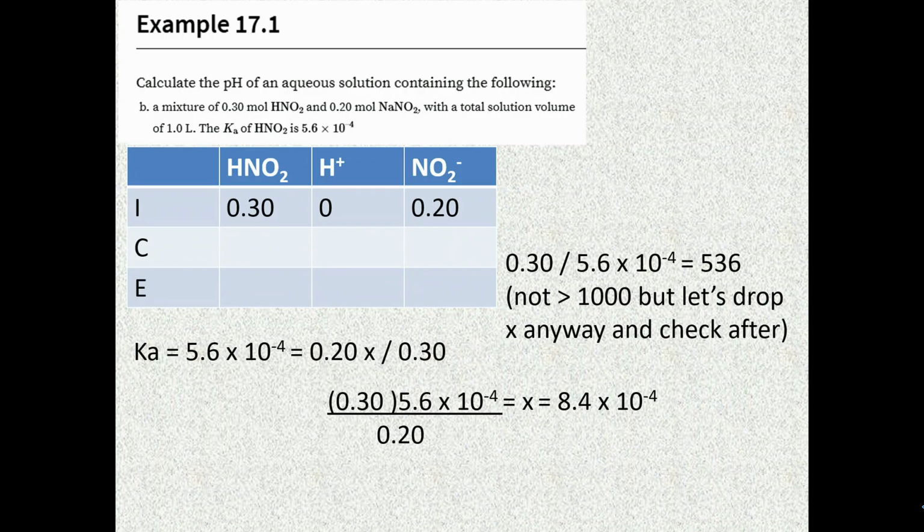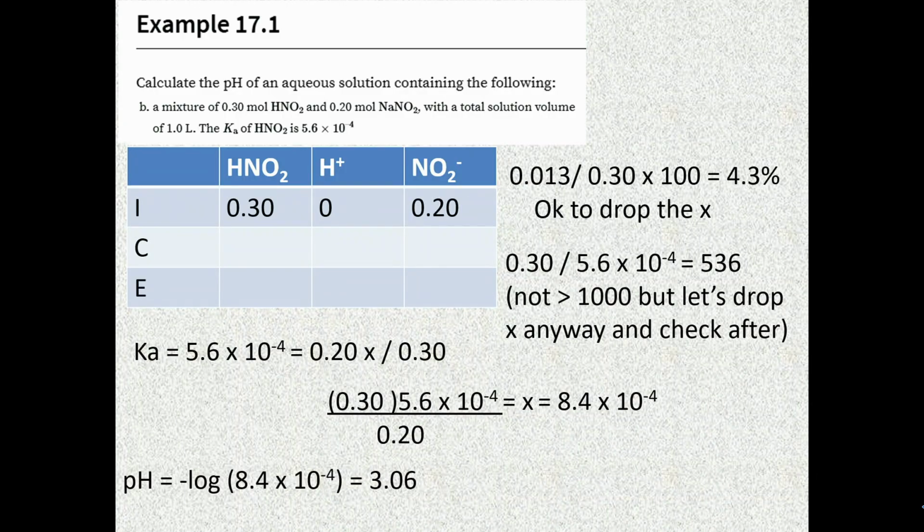There's more in the molecular form still than there is H+, and my x value went way down. If my x value goes way down, then my pH goes way up. And my pH went up from 1.89 to 3.06.